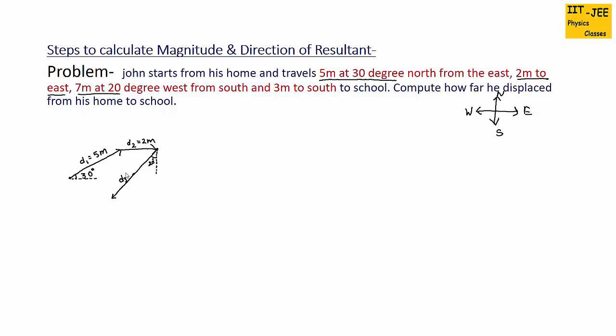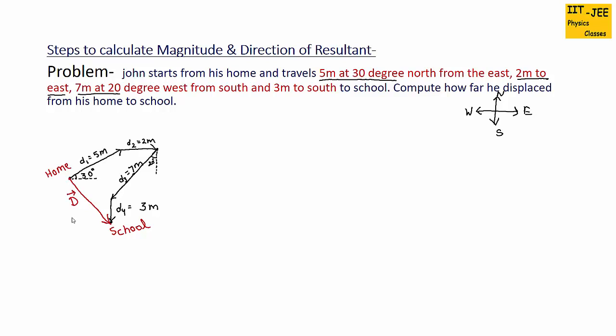So D3 equals 7 meter, and then 3 meter towards south. So from this point 3 meters moving down like towards south. This is D4 equals 3 meters. So this point would be the school or end point, and this point is home or the start point, and we have to find the displacement from home to school.